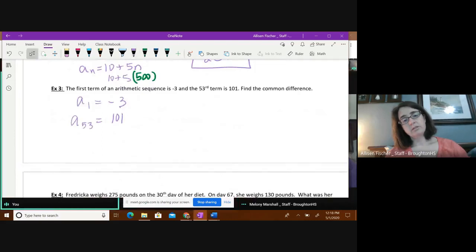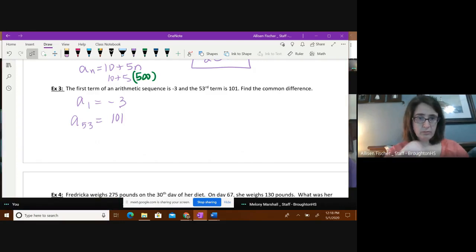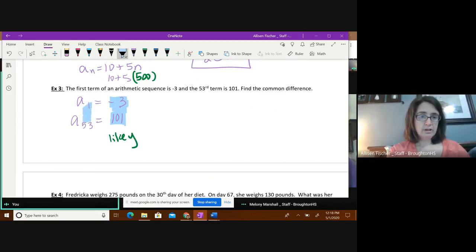So there's different ways you can do this. If you treat this like a slope problem, you have to be really careful and know that this stuff is like your y. So I'm going to say it's like y. And this stuff over here is like your x.